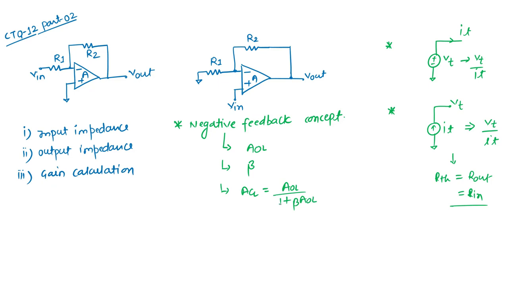This is the general concept that we use to calculate the closed loop gain, and this is nothing but a DC closed loop gain. This is the DC open loop gain. So we are talking about the DC values only.